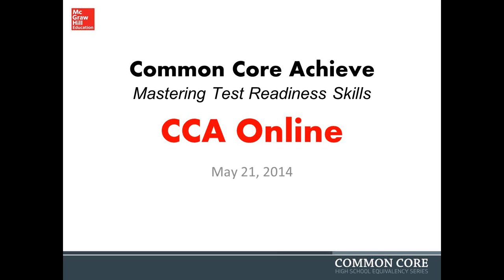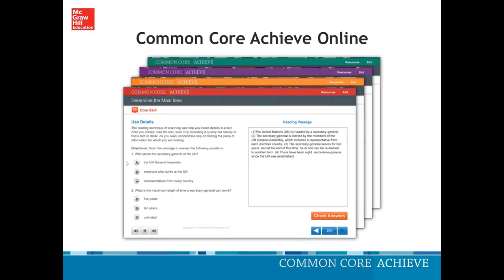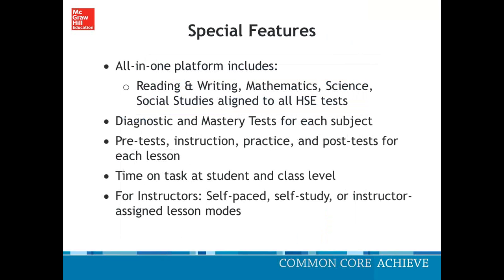Common Core Achieve Online contains 4 subject areas: reading and writing, mathematics, science, and social studies. It has a course pretest, course post-test, lesson-level pretest and post-test, and lessons that are aligned to the content covered in all 3 of the high school equivalency exams.